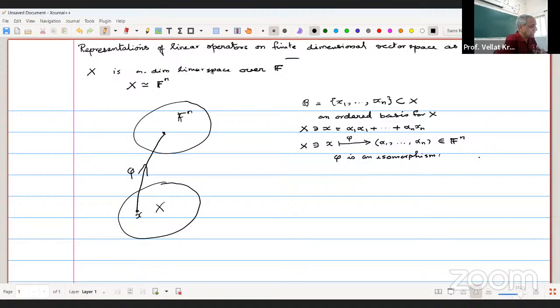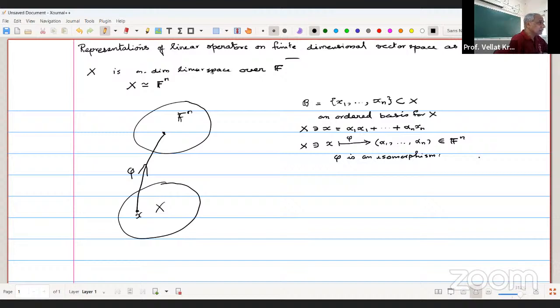That's why I said the isomorphism that you get is not a unique one. There are several isomorphisms possible, and each isomorphism can be generated by choosing an ordered basis for X. This is the art through which you construct this isomorphism.